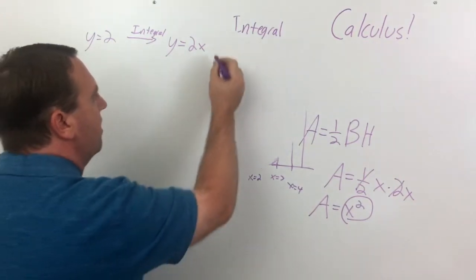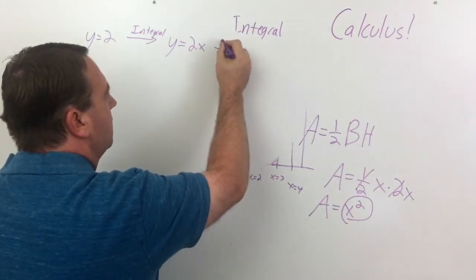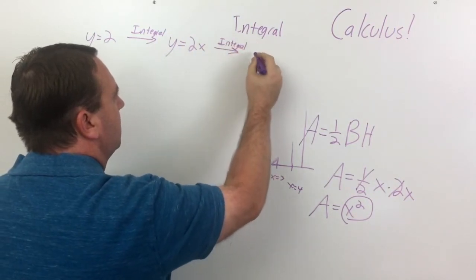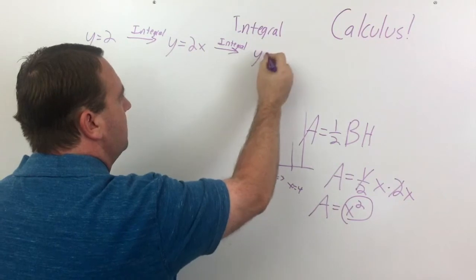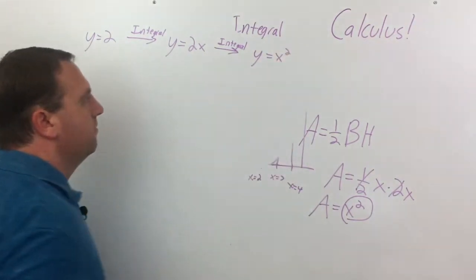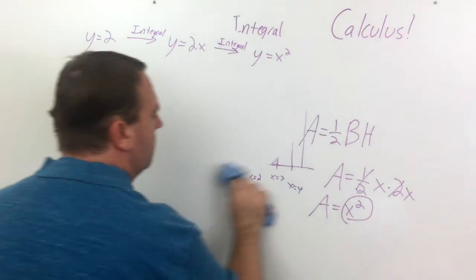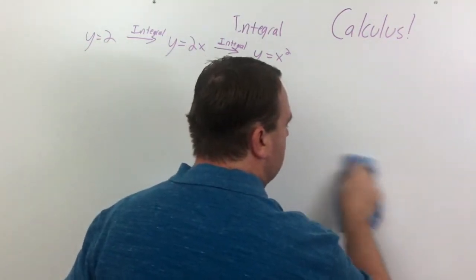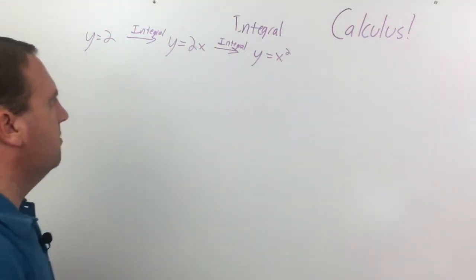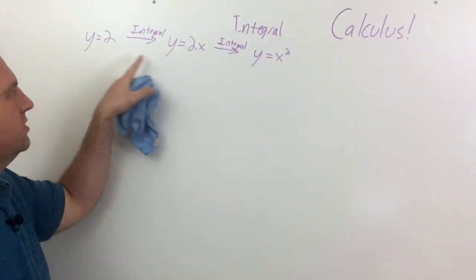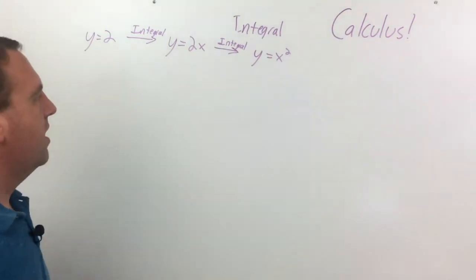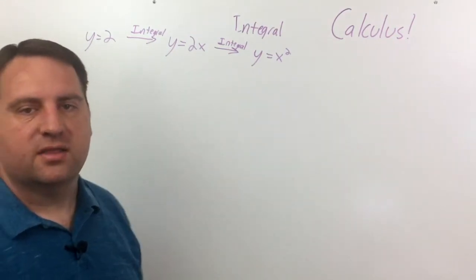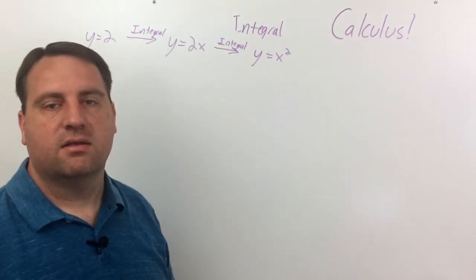And when we found the area under that curve, which again is known as the integral, that became y equals x squared. So we have these series, and in theory, you could go on forever. That's kind of the limit of what you can do just with basic geometry. But we go from y equals 2, y equals 2x, y equals x squared. Okay. So that's one of the operations of calculus, the integral, and that's finding the area under the curve.